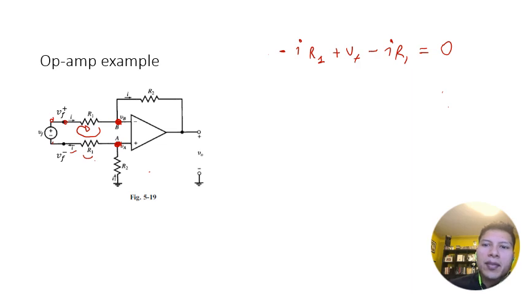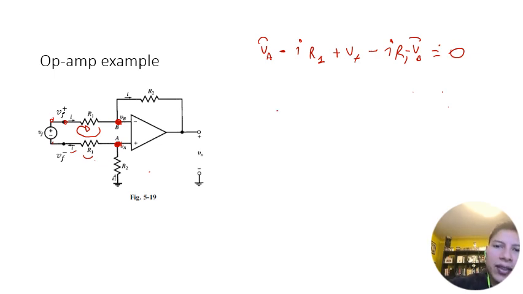Okay, so at this point you have VA, and then you have minus VB. The voltage drop between A and B is 0, since VA equals VB, so that's 0.